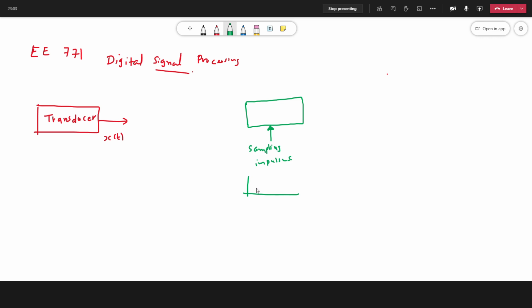The sampling impulses will look like this. So it is a triggering signal, and basically whenever this triggering signal is available, you will have an output available which will be equal to the input at that moment of time. So here you have a continuous time signal x of t, and you are converting it into the discrete time signal x of nT.